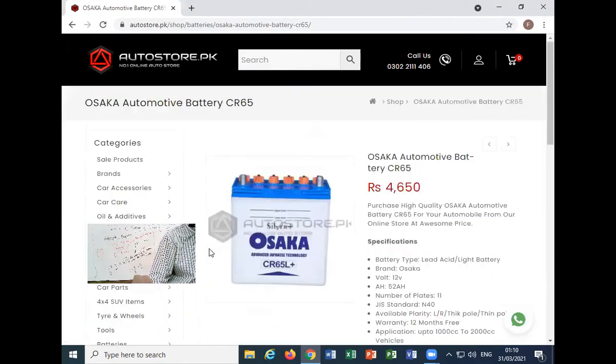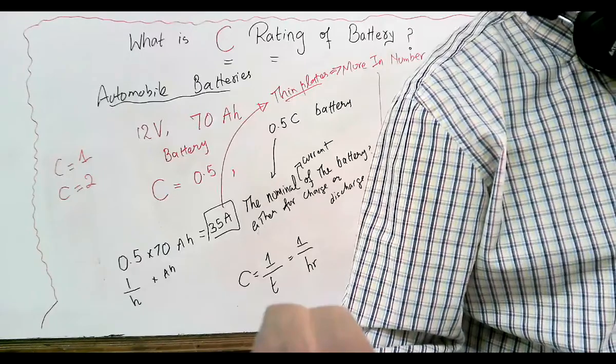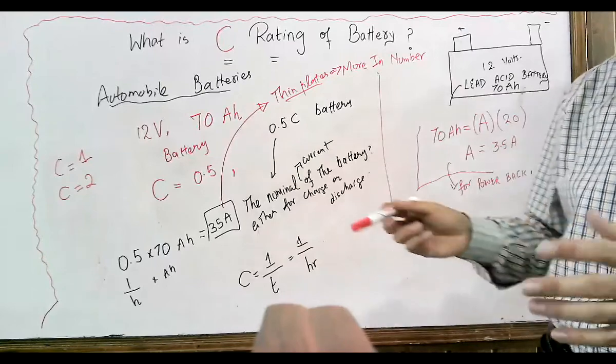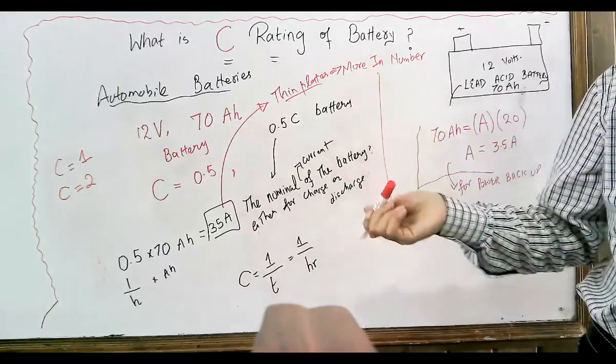Understand what is meant by C rating, and the C rating of the batteries which are used for power backup. They are for solar systems or for backup purposes.